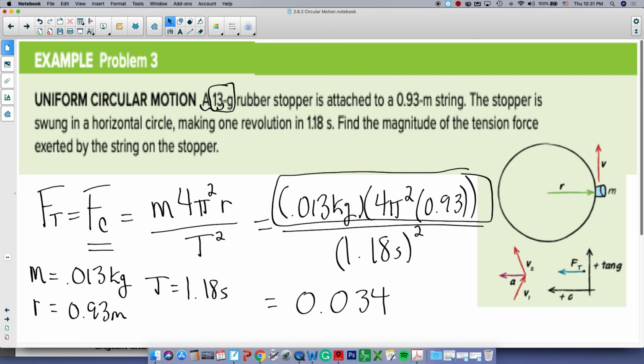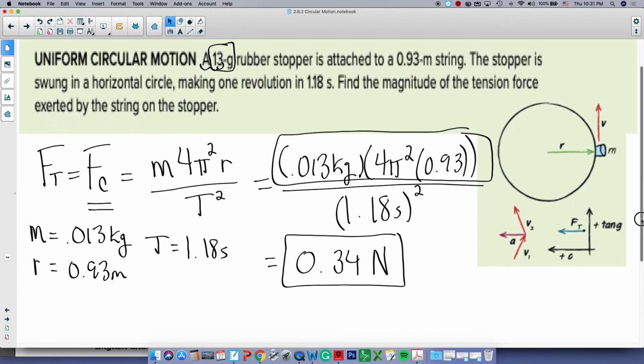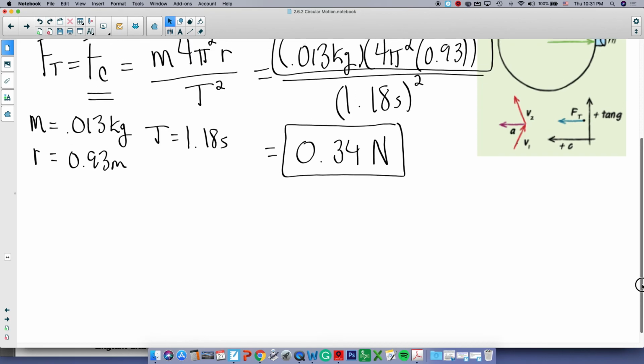And I get 0.34. I think I had an extra 0 in there. Okay, and that is in newtons. So make sure you double check your work. I accidentally had a 0 when I put it in my calculator, so I had to fix that. So that is a centripetal force problem with the rubber stopper, and this is going to be kind of what we're doing when we do our lab, so it'll be kind of fun.